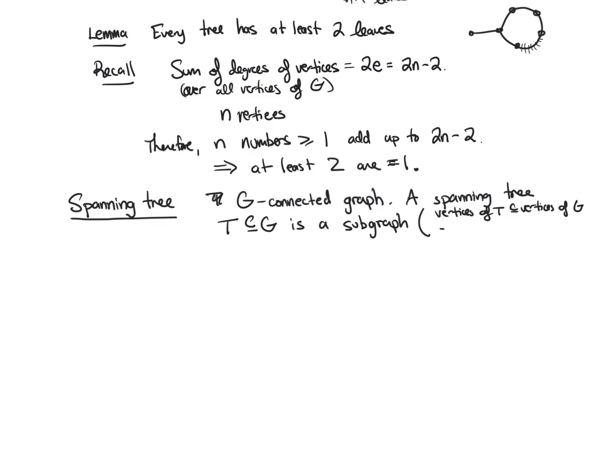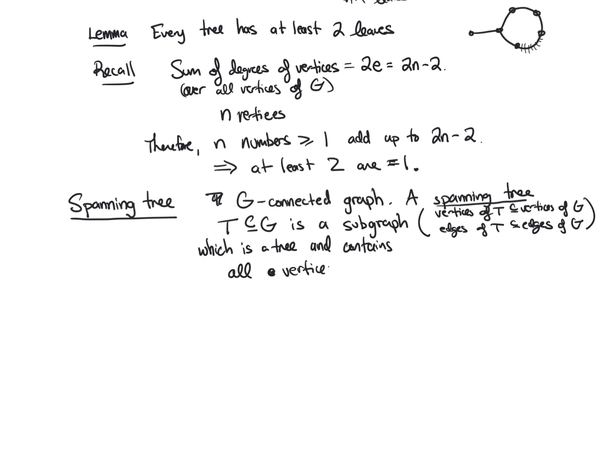And also the edges of T are contained in the edges of G. So you're only allowed to connect vertices in T which were already connected in G. So a spanning tree is a subgraph T contained in G which, for one thing, is a tree, and contains all the vertices of G.